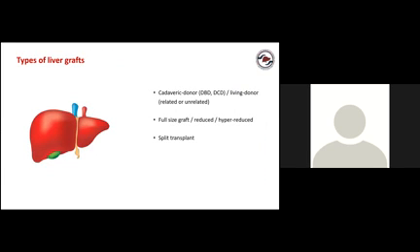Having discussed the transplant assessment, I'll give you a brief idea about the types of liver grafts, because it's very important to know them. We have cadaveric donors, which could be after brain death or after cardiac death. I'm not going into details. And it could be a living donor liver transplant.